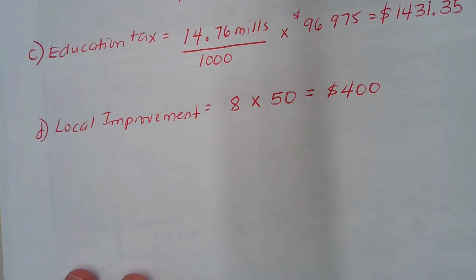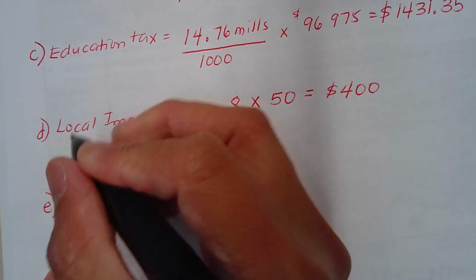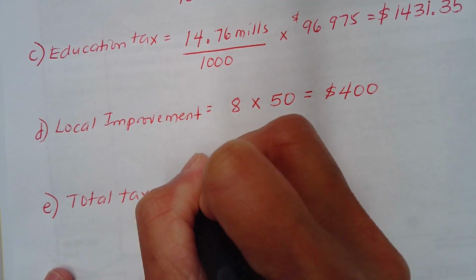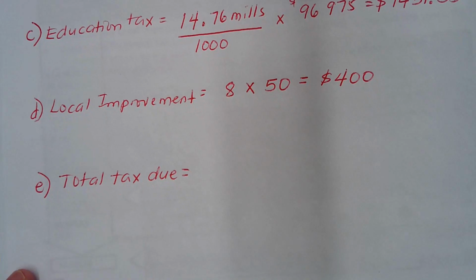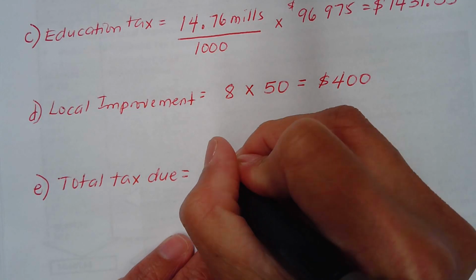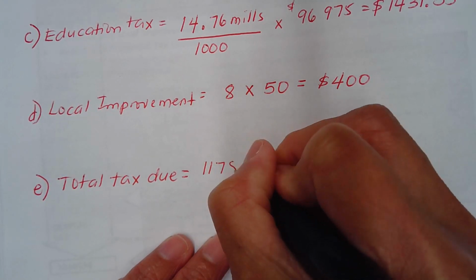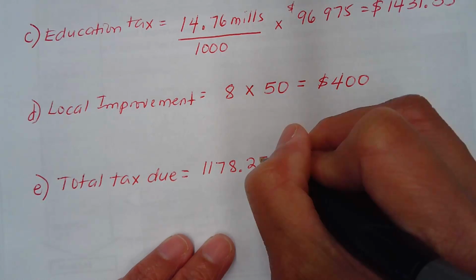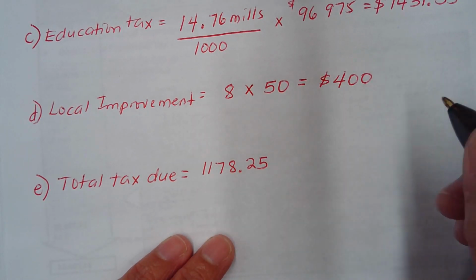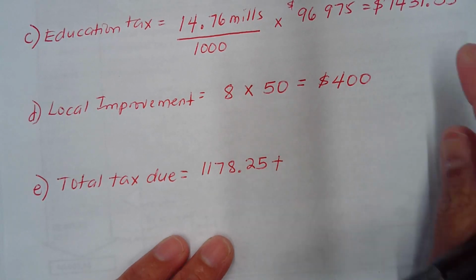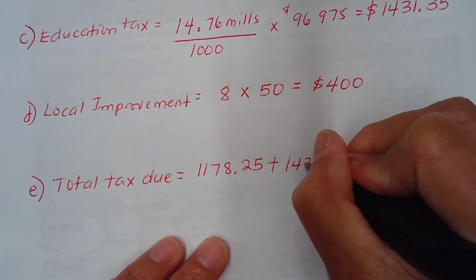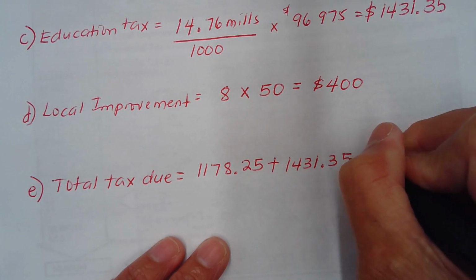So let's do letter E. Total tax due. So what would it be? Well, we have a municipal tax to pay, $1,178.25. Plus, we have an education tax to pay, so that's $1431.35.